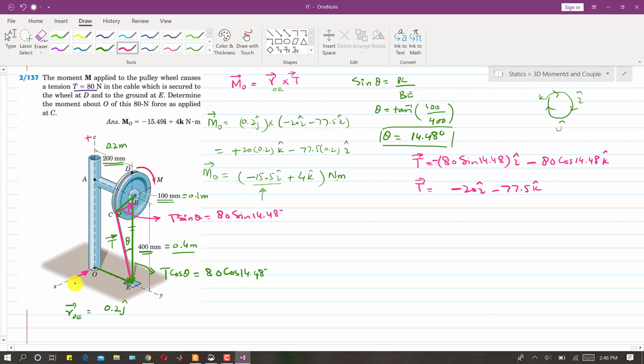Along k, the moment is counterclockwise, which means it is in the positive k direction. So this will be that moment along the positive z, and we rotate our fingers so that the thumb points in the positive z. These are the two directions of the components of this moment about O. So this is the solution of this problem.